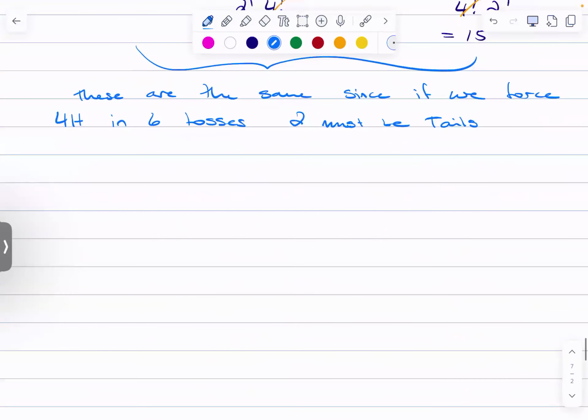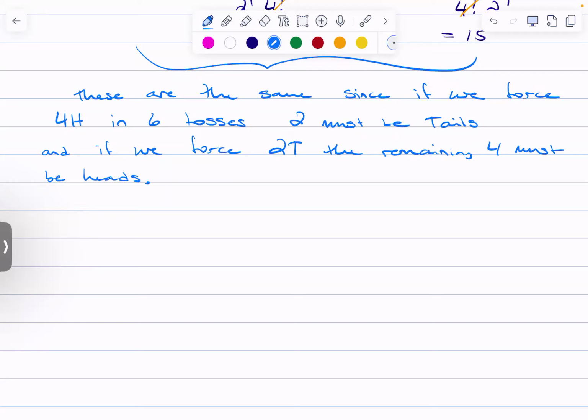And if we force 2 tails, the remaining 4 must be heads. There's that symmetry. Okay.